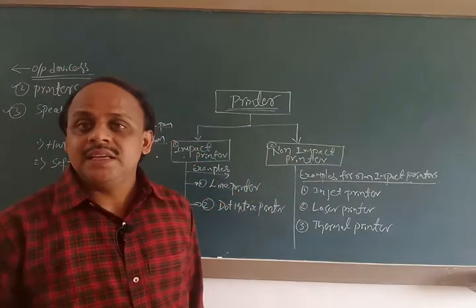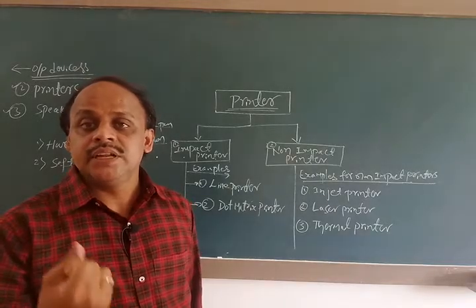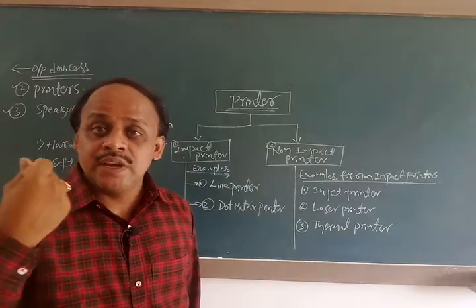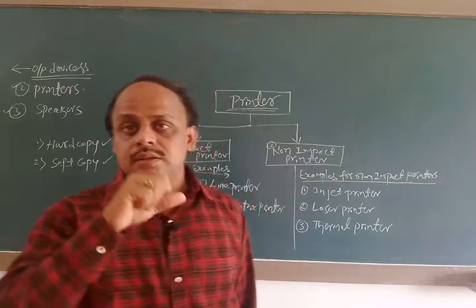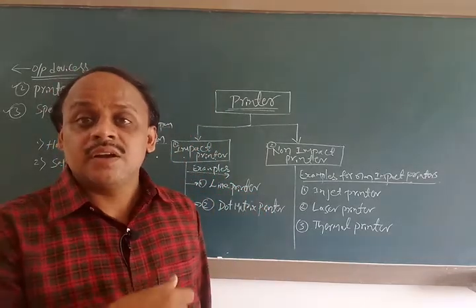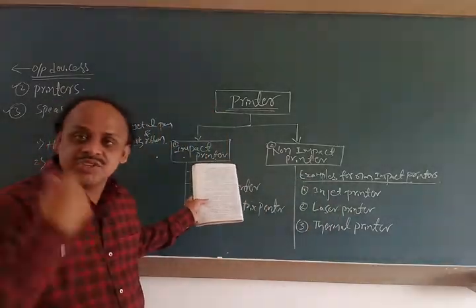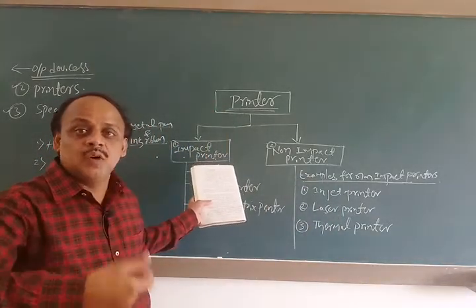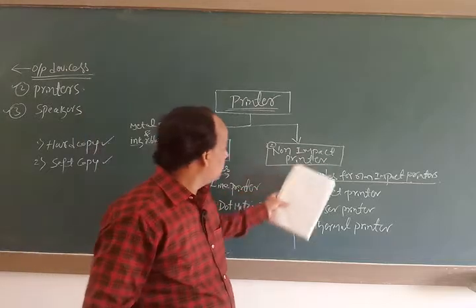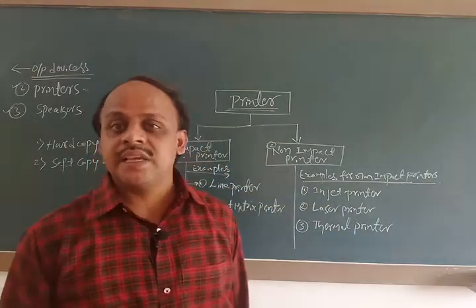There is no striking device, no hitting device, means we are not getting sound here. In the impact printer there is a striking device, hence we get noisy sound, whereas in a non-impact printer there is no striking device.